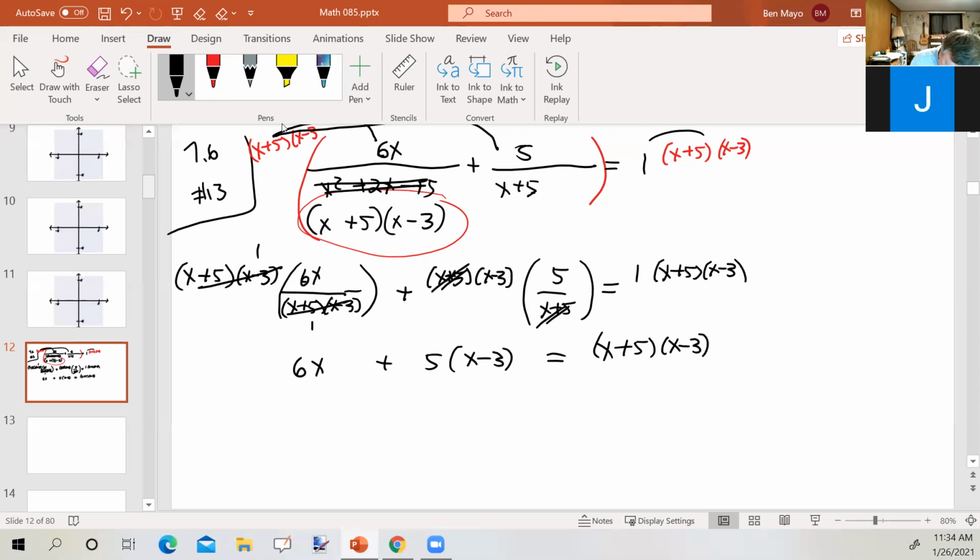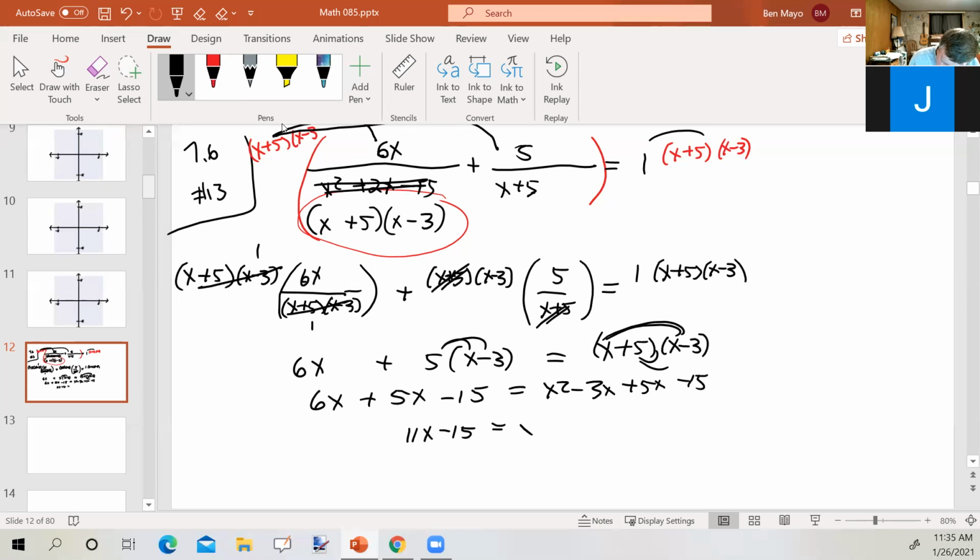Okay, so now on the left side, I get 6x plus 5x minus 15, and on the right, x squared minus 3x plus 5x minus 15. Combining like terms, I get 11x minus 15 equals x squared plus 2x minus 15.